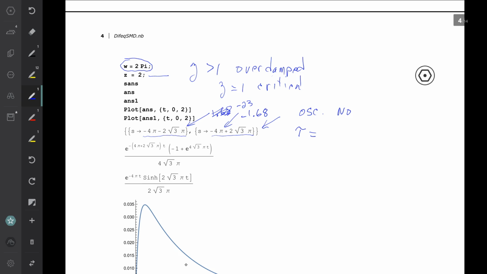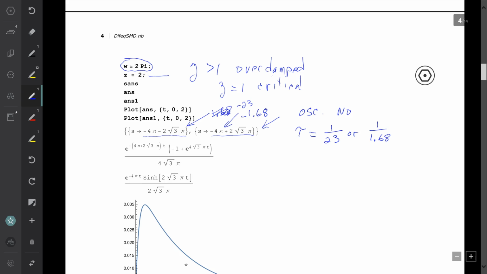Okay, so the thing is that you have two of them, 1 over 23, or 1 over 1.68. This one here is clearly the larger one. This one is very small.